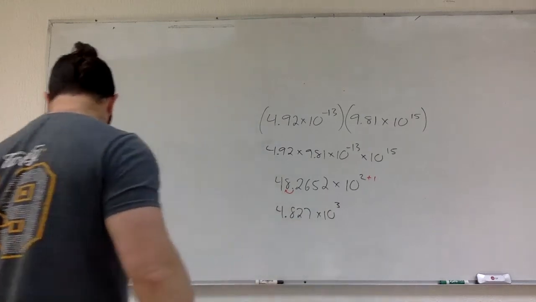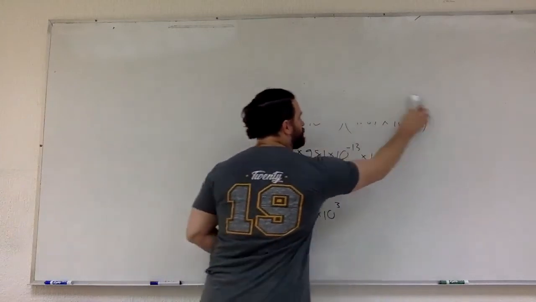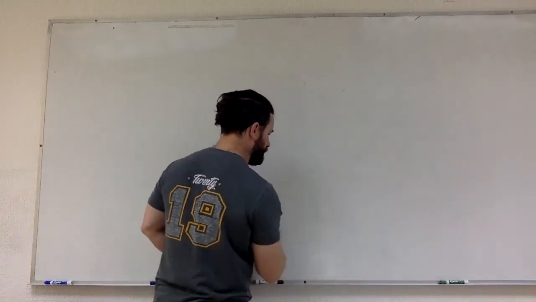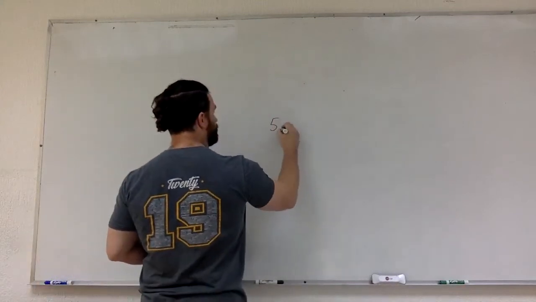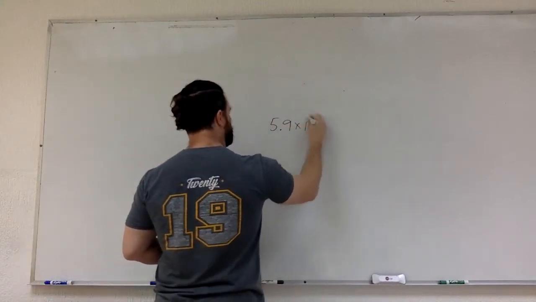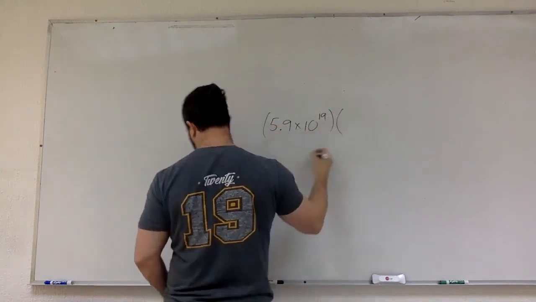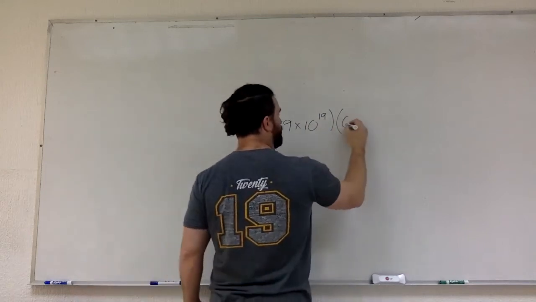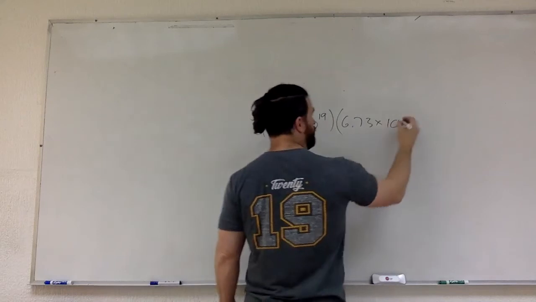One more, and then you guys can get started on the independent practice. So if I've got 5.9 times 10 to the 19th times 6.73 times 10 to the 8th.